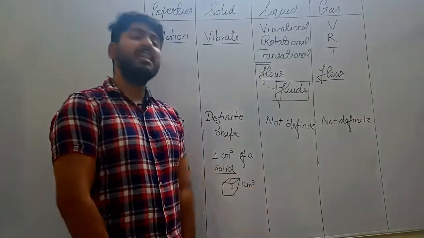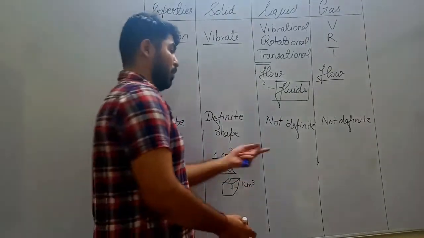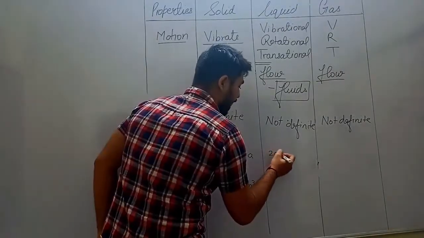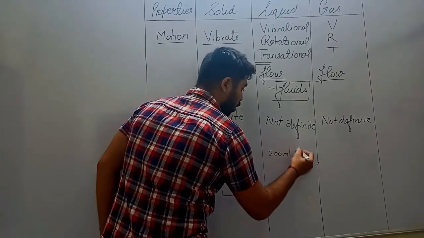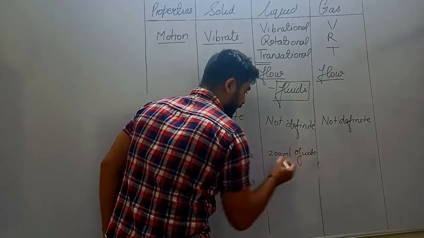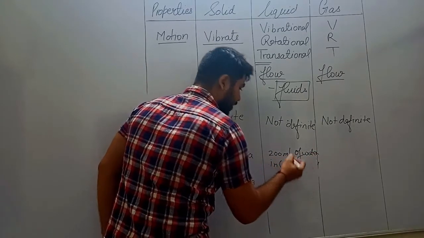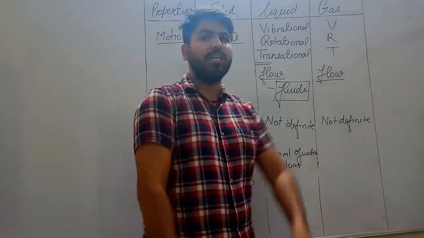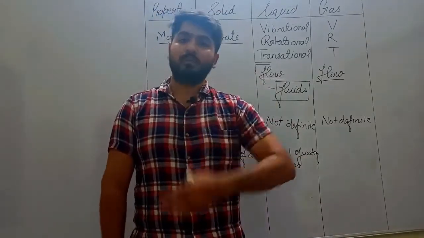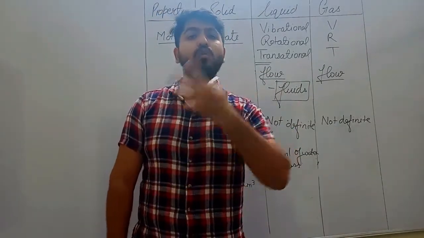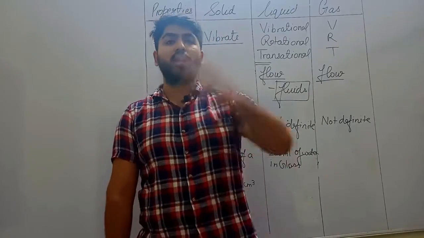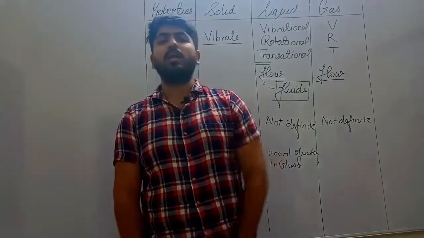Similarly, in the case of liquids, if you have 200 ml of water in a glass and you transfer this water into a jug, still the volume in the jug will remain 200 ml. It will not change to 1000 ml.